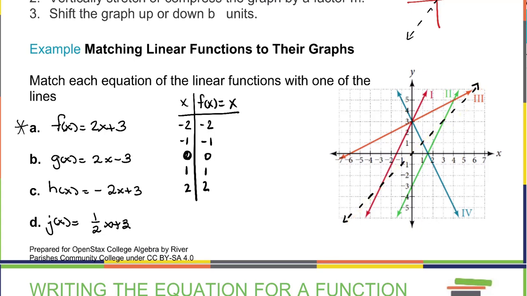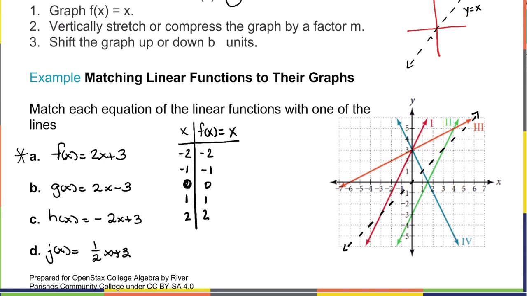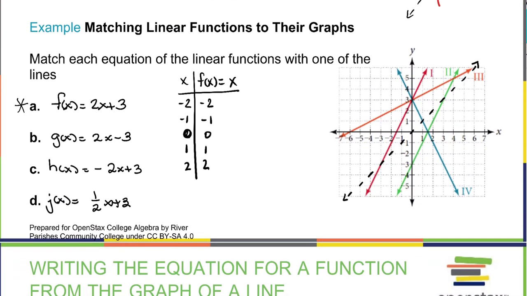And those are the points negative 2, negative 2, negative 1, negative 1, 0, 0, 1, 1, 2, 2, and so on and so forth. So the first thing that you would do is you would vertically stretch or compress the graph by the factor of m. So what we're going to do is stretch it by a factor of 2.